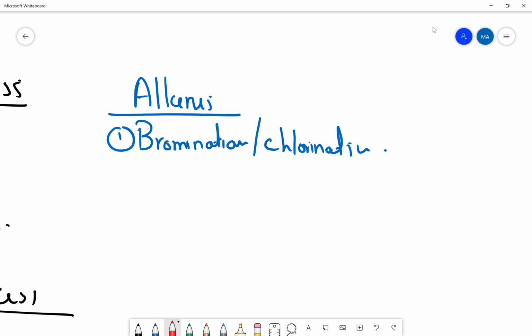So the reaction conditions for bromination are room temperature pressure, RTP, standard room temperature pressure, and absence of UV light.